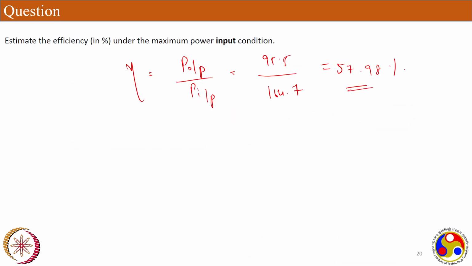Basically we have two conditions: first is delta plus theta equals 180, and the second is delta equals theta. With those two conditions we calculated the line current, power factor, efficiency, shaft power, and everything. So that's how we closed this discussion.